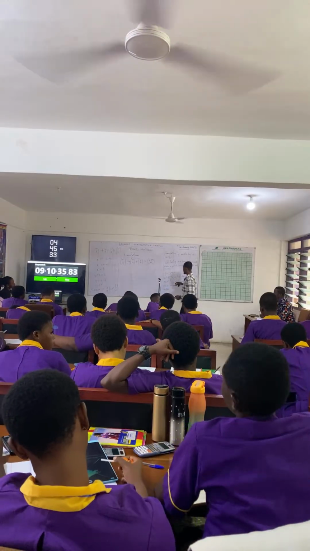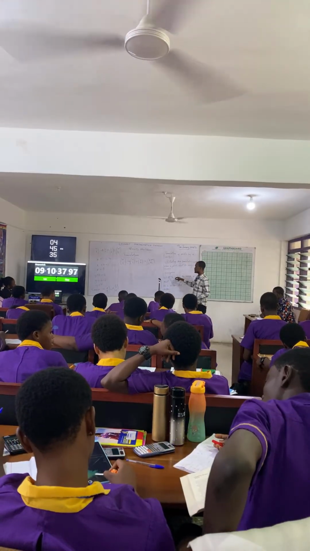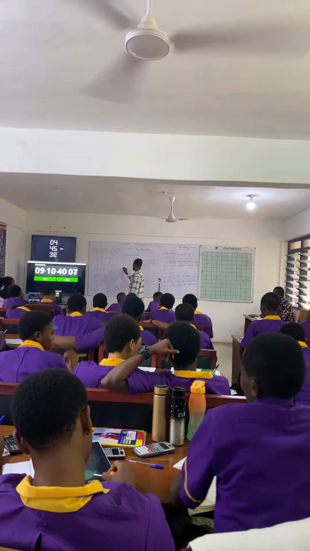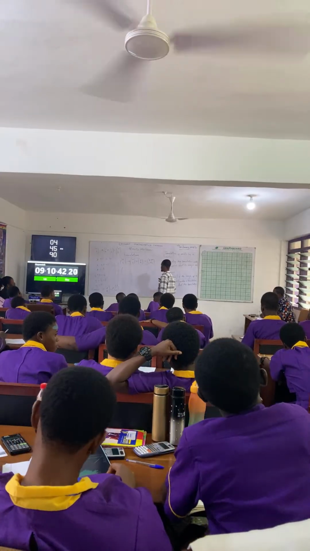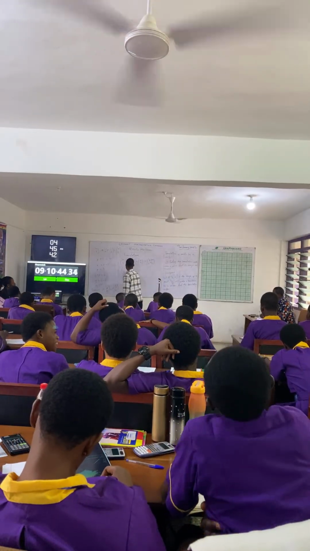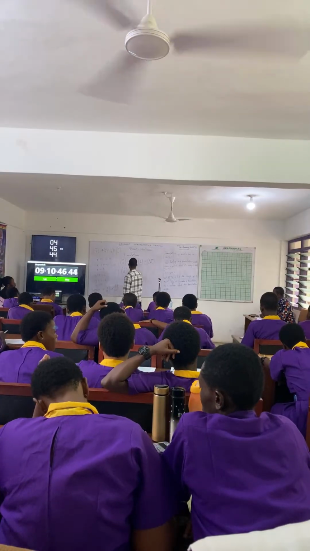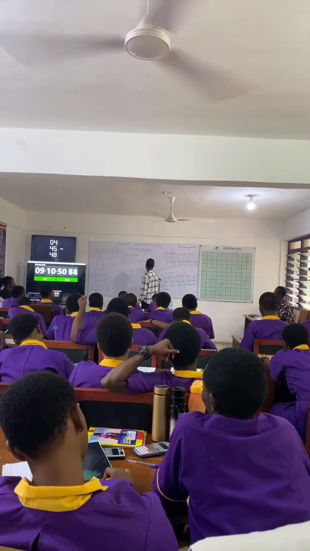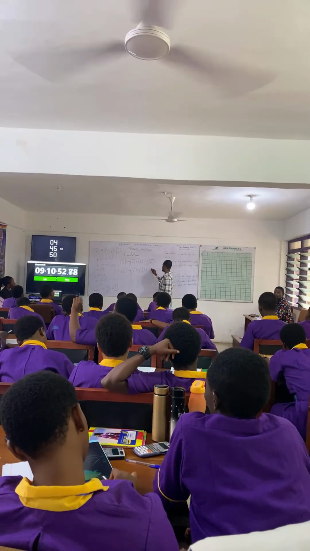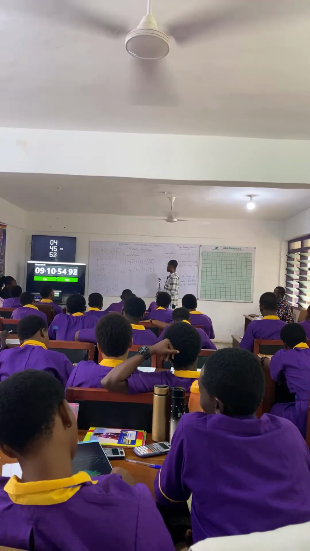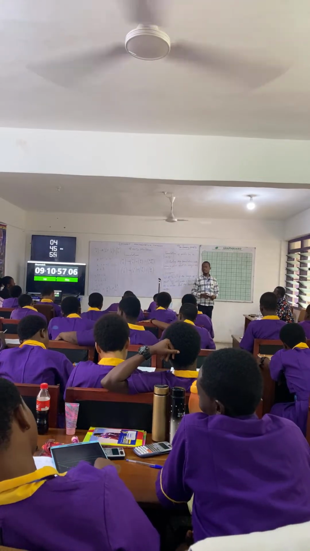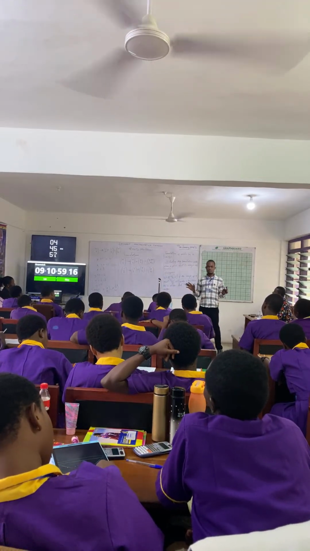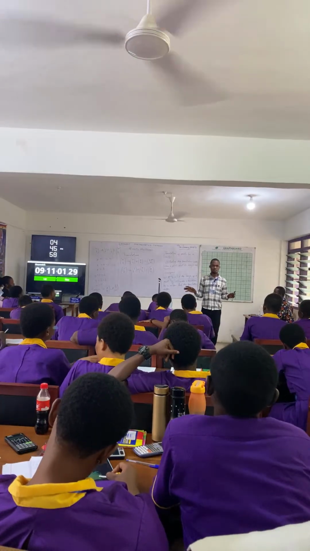We have the original point given and we have the image given. So the original point is (1, 2), the translation vector wasn't given, and the image is (2, 4).